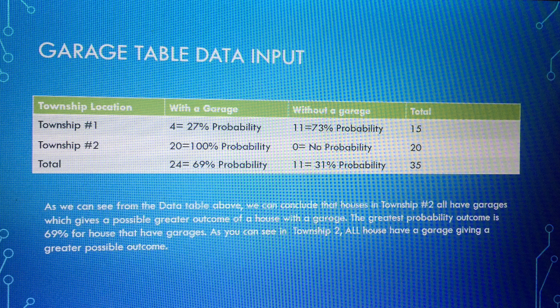As you can see, all houses in township 2 have a garage. So that's 100% probability that these houses have a garage, which is pretty relatively amazing.